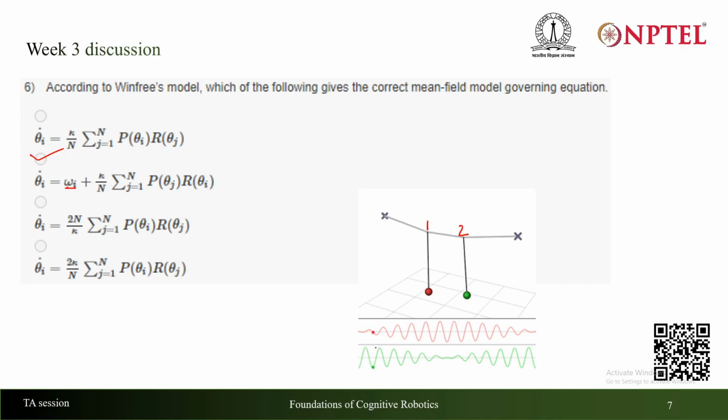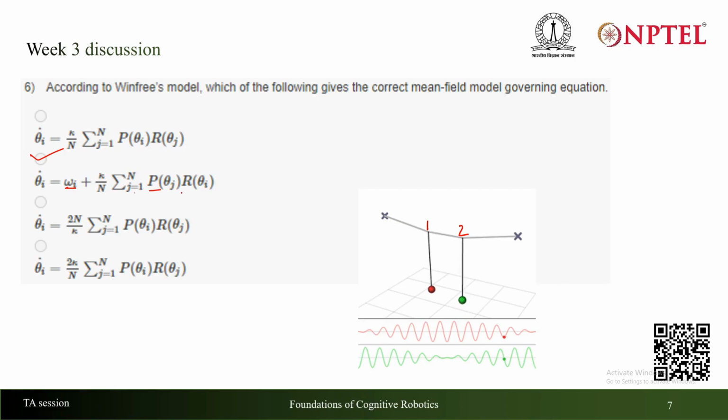The frequency, as you can see from these sinusoidal curves, is omega i. It is varying. So there is kappa and there is N. N is the total number of oscillators, and it sums over all j equal to 1 to N, so these are the sum over all the other oscillators.